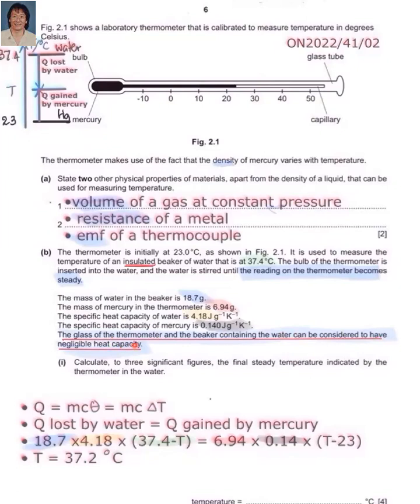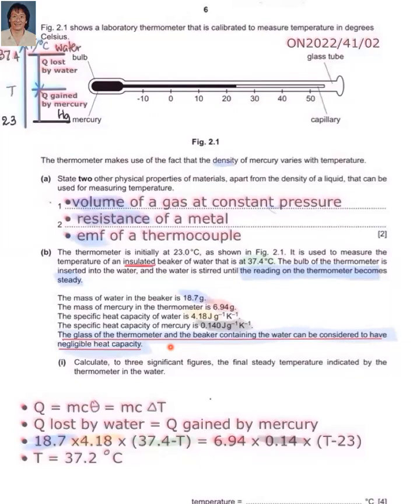This affects the heat energy lost by the beaker or gained by the glass of the thermometer. The heat energy gain and loss will be negligible because the heat capacity is negligible.